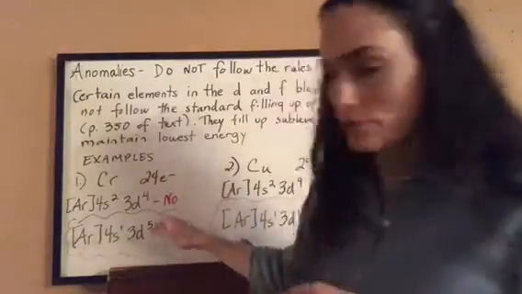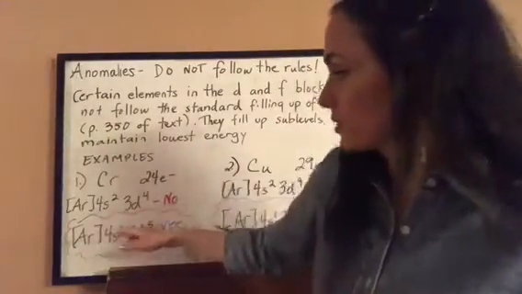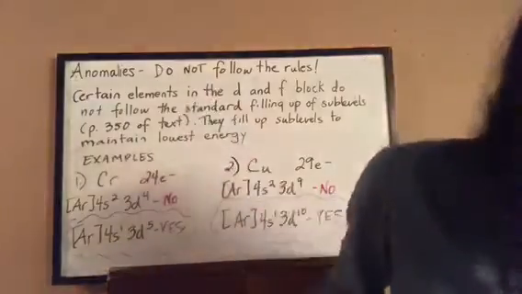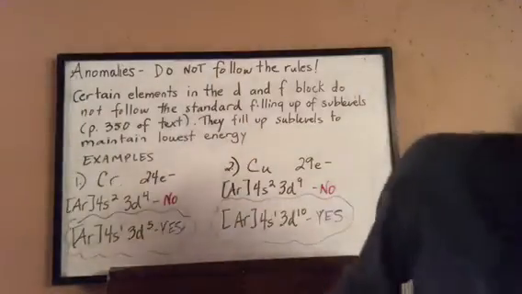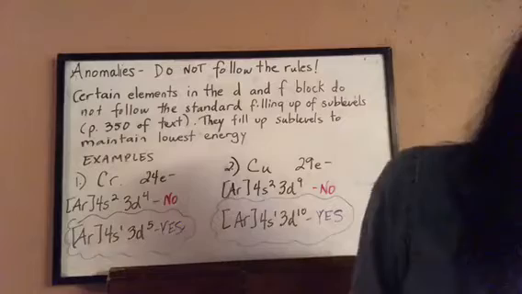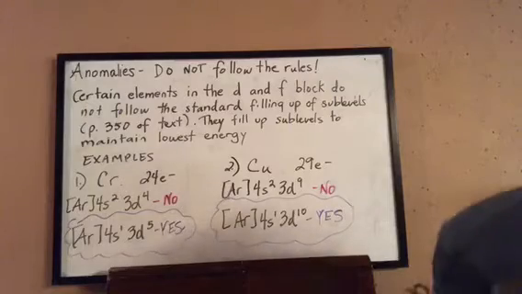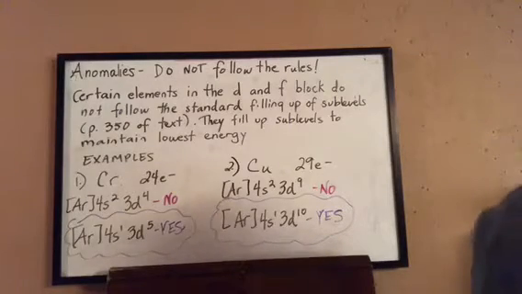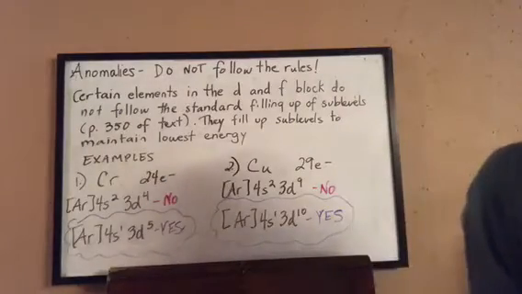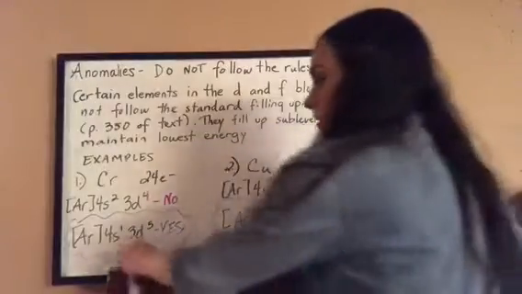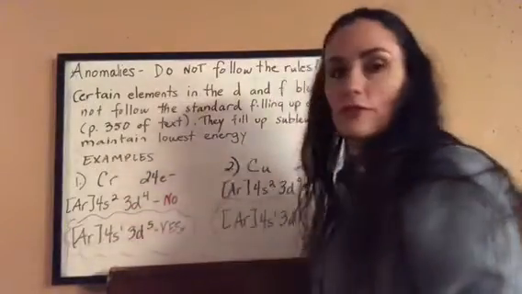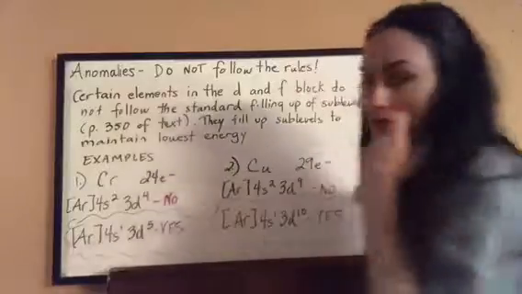It doesn't follow the rules of how you would expect it to. Chromium does that along with molybdenum, which is right underneath it, and the other elements in that same column. So chromium, molybdenum, tungsten, seaborgium, they follow where the S sublevel fills up half and then the D sublevel fills up half.